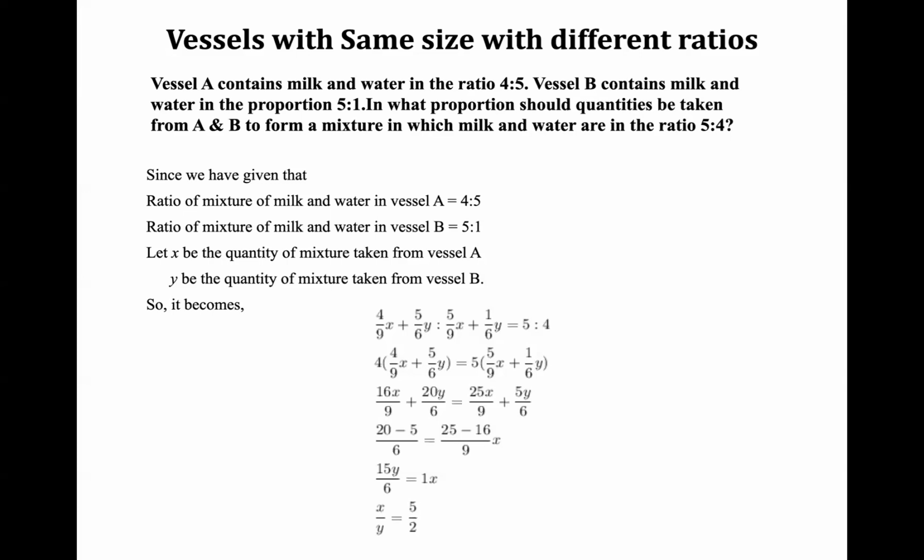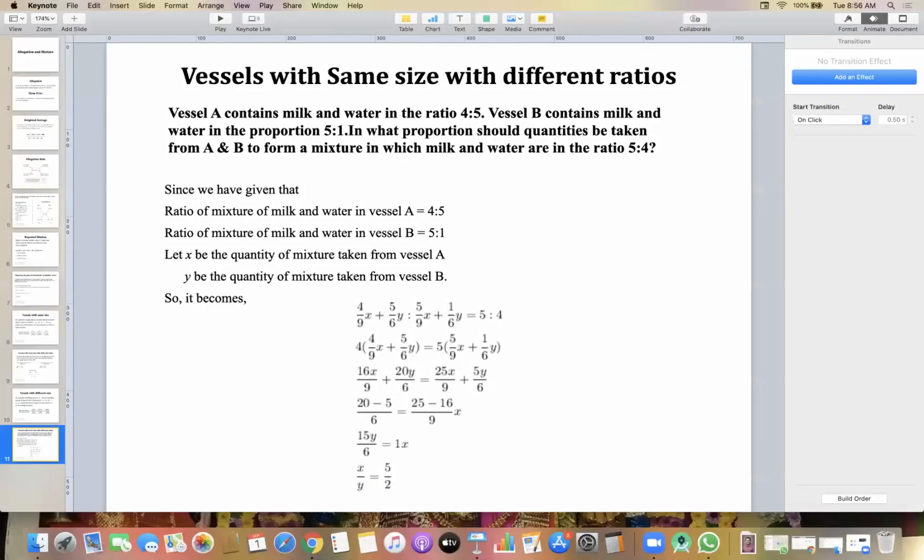Once you simplify that, you will get the value of X by Y equal to 5 by 2. So it means you want to take 5 liters from vessel A and 2 liters from vessel B, in that ratio. If you take in that ratio, you will get the desired ratio of 5 is to 4 in the mixture. So that's all. Thank you.